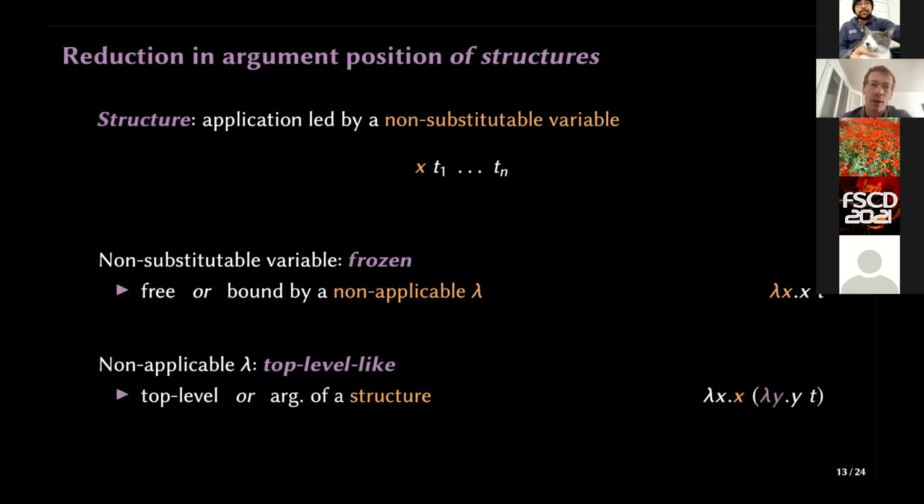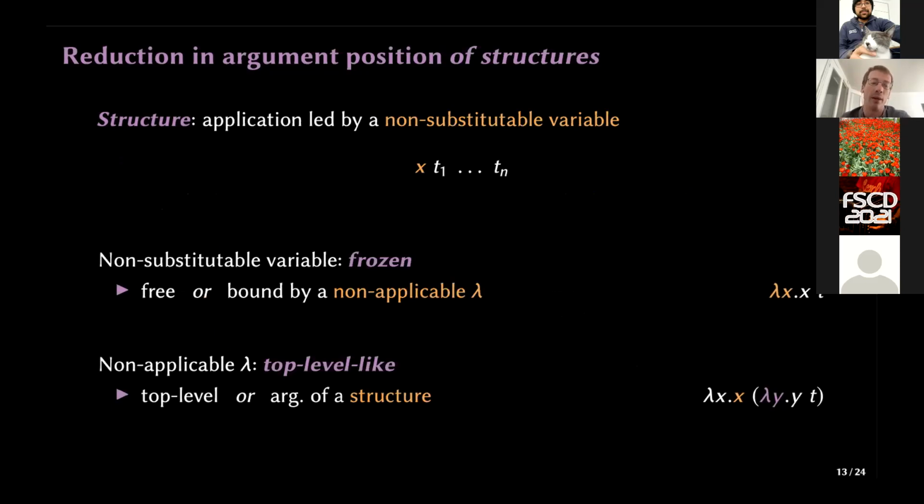So our main criterion will be to allow a reduction on the right of an application in argument position of structures, and structures are applications that start with a variable that cannot be substituted. These variables are called frozen.